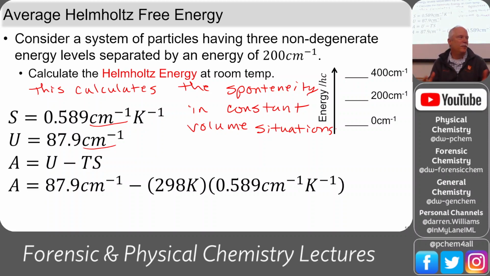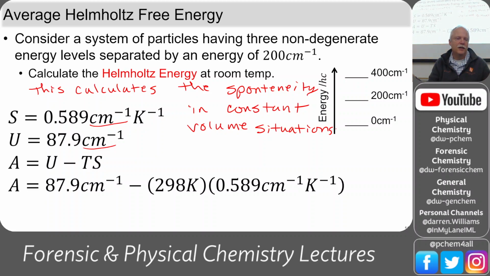But in chemical engineering and industry, they have stainless steel vessels, and so there you've got a fixed volume and the pressure rises. So looking at the Helmholtz energy is what you would do at, say, 30 atmospheres and whatever temperature, would this be spontaneous? They would use the Helmholtz energy to determine if this reaction is going to go forward.